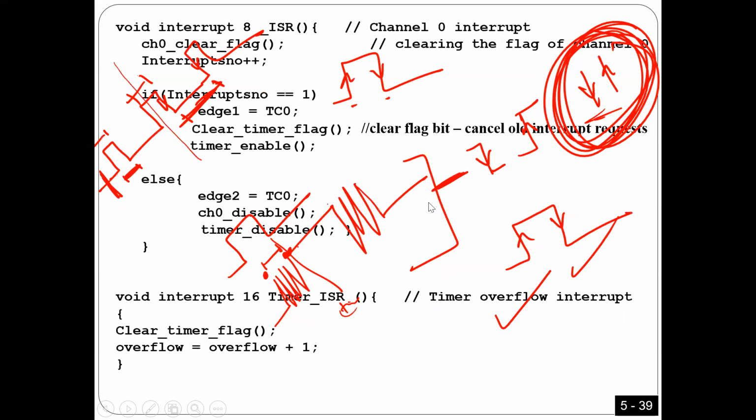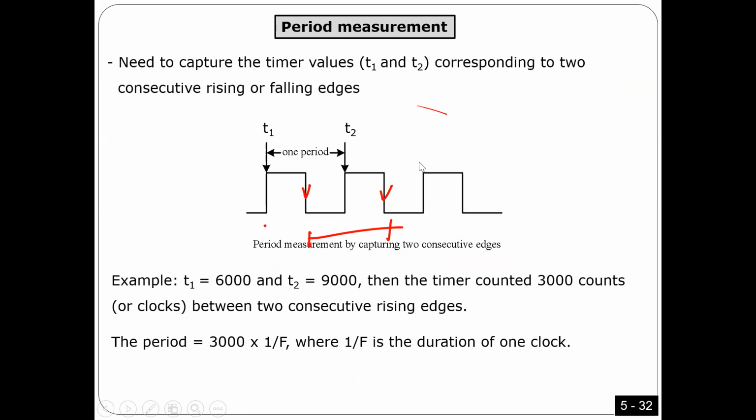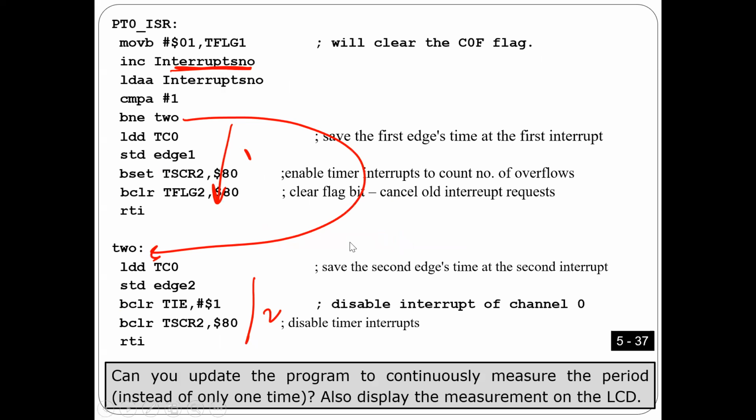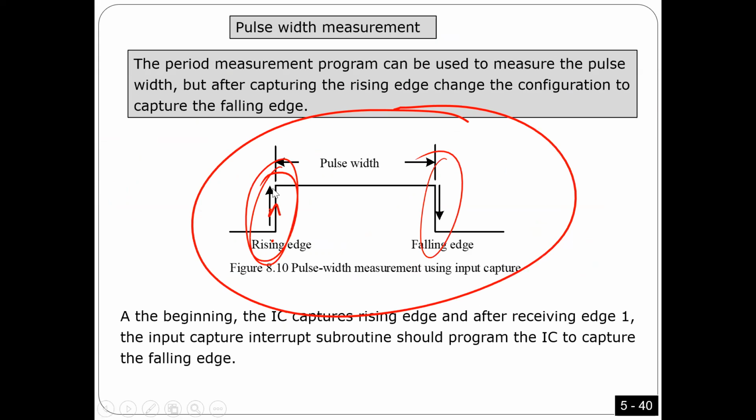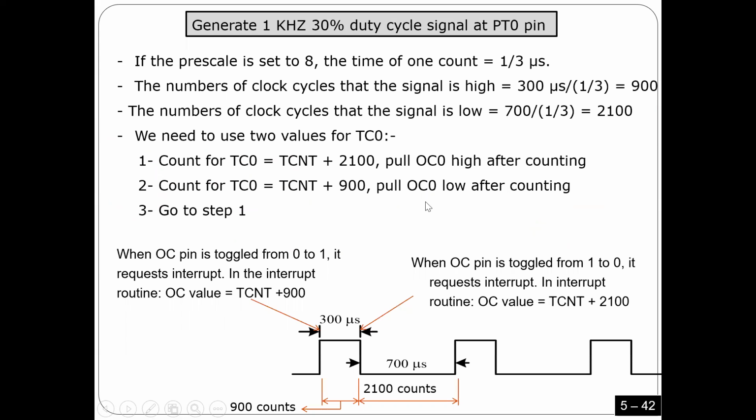The only difference is here in the configuration, where I say I want to capture only rising or only falling. However, in the very beginning, I'm going to say I want to capture rising. Then after the first interrupt, I'm going to say I want to capture falling. Okay, that's what I did. So if you see here, guys, I added this line here. Now, after the first interrupt, I'm going to say now this is the time to capture falling. Is that okay? Any questions?